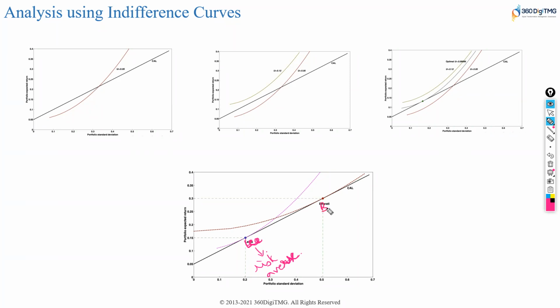If you look at Britney, what is happening in Britney's case? Britney is investing in risky assets. So this person is more risk-taking, risk-preferred.